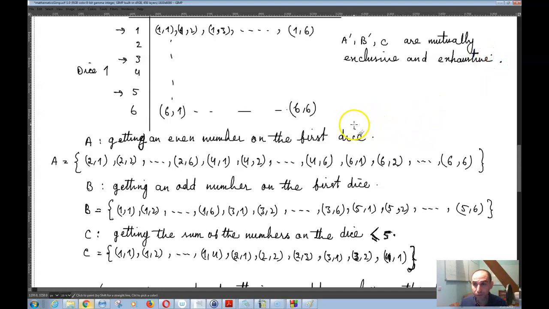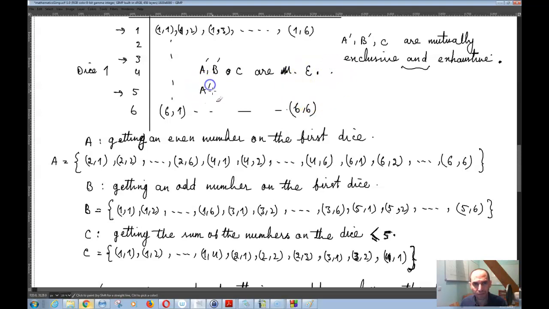Okay, so when you have an "and" here, that means that for this statement to be true, both parts have to be true, right? Meaning that this statement has actually two parts. The first part is that A prime, B prime, and C are mutually exclusive.